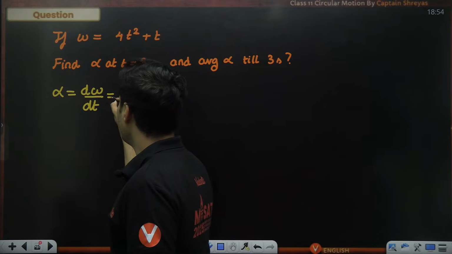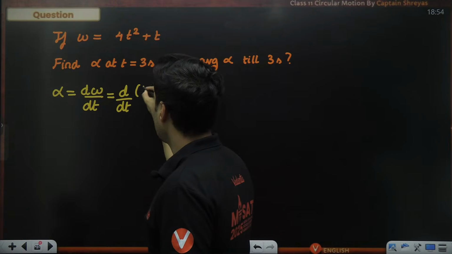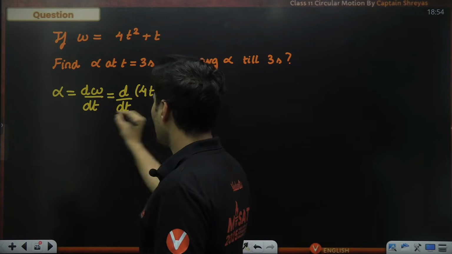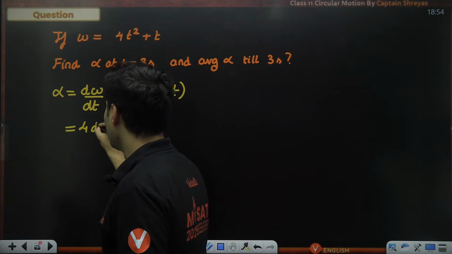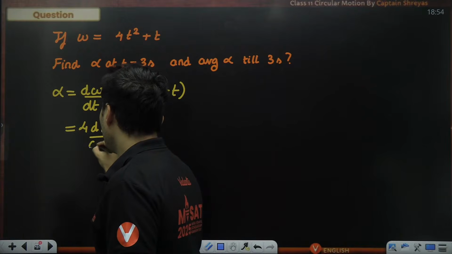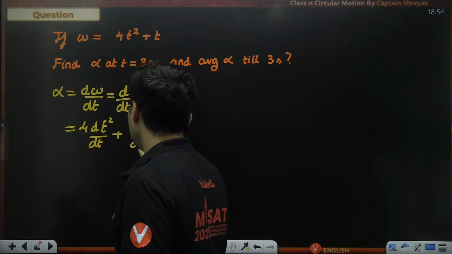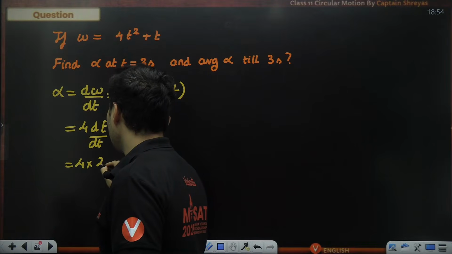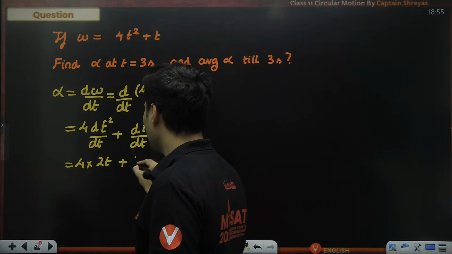Okay, so substitute. What is the value of omega over here? It is nothing but 4t square plus t. Okay, let's split up the derivatives. The number 4 is a constant, goes outside. Derivative of t square, plus derivative of just t over here. So derivative of t square is 2t and derivative of t with respect to t will be just 1.